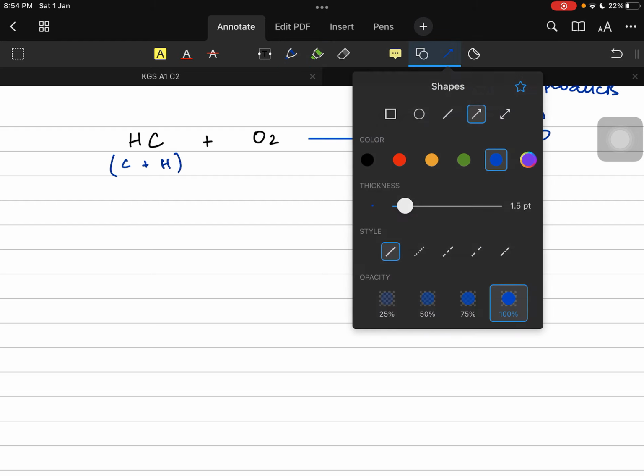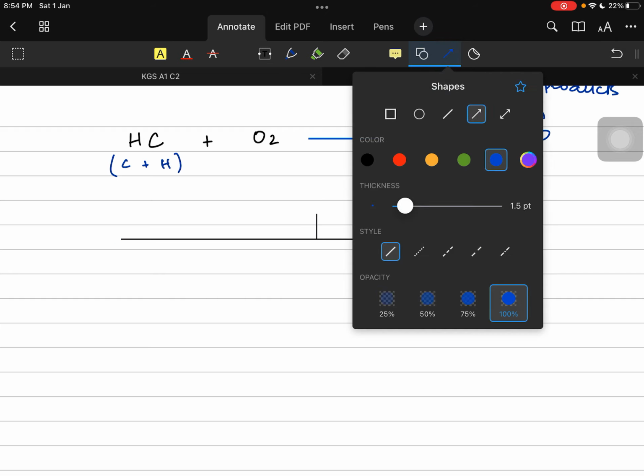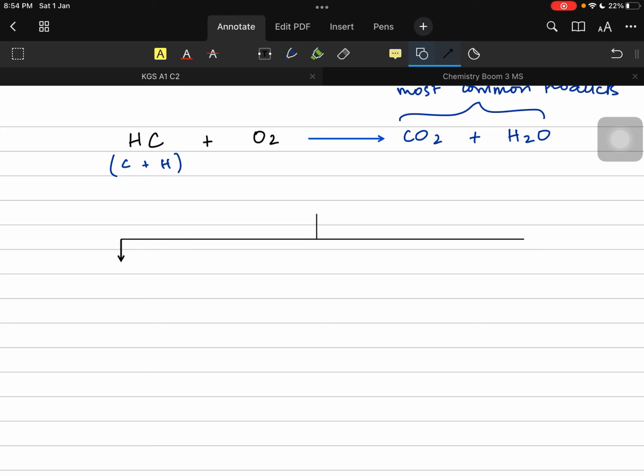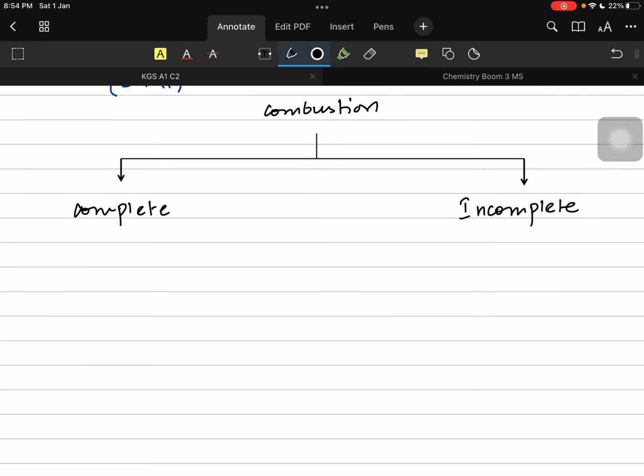Combustion has two categories. In this video we're going to be talking generally about these and how to create an equation of combustion. When we talk about combustion, it is either complete combustion or incomplete combustion. Complete combustion happens with excess oxygen, when you have enough oxygen to react, excess or unlimited oxygen.